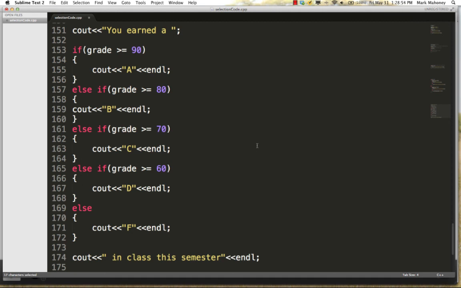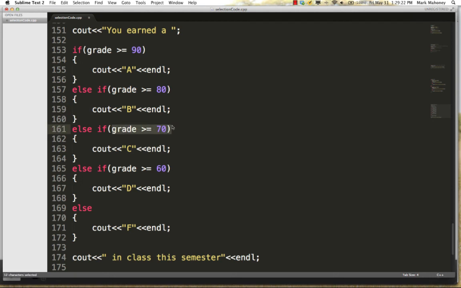Again, it's going to compare the value inside grade to see if it's greater than or equal to 90. If so, we'll print out an A. But if that's not true, then the flow of control will go to the next if, and we'll say, well, is the grade greater than or equal to 80? And if it is, we'll print out B. If it is not, we'll go on to the next one and say, well, is the grade equal to 70?